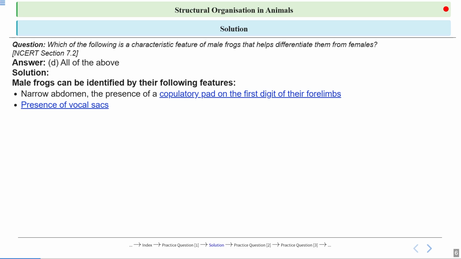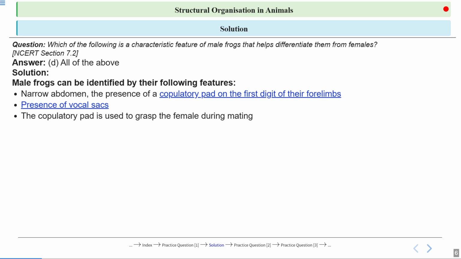Presence of vocal sac. The male can produce sound because in the throat region, they have the vocal sac. This vocal sac has a very minute membrane-like structure. So when they inhale air, the air gets filled inside this vocal sac and it produces sound. That croaking sound is for attracting the female frog towards themselves.